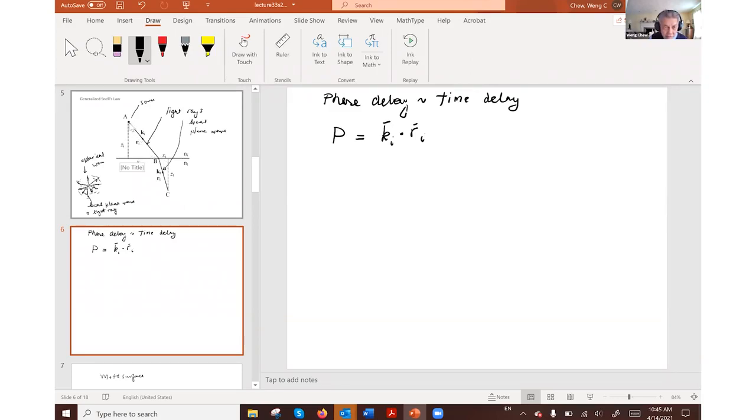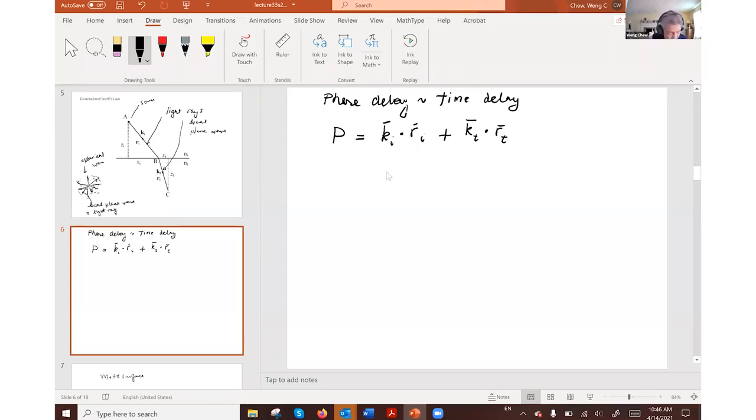Okay, that will give you the phase shift of this wave as it travels from A to B. And then as it travels from B to C, it will accumulate another phase delay, and that phase delay is given by k_t dot r_t. k_t is this vector over here, as you can see. r_t is this position vector, and this will be the total phase delay.